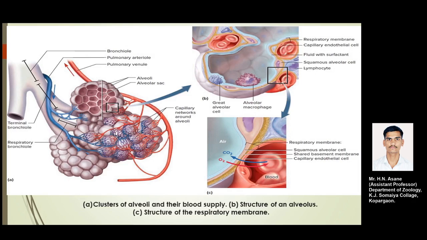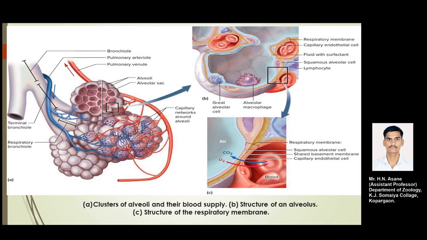The capillary network around the alveoli, you can see those small bunches like grapes, covers the alveoli. Those small grape-like structures are nothing but the alveoli, where the sac is filled with air and gas exchange happens.